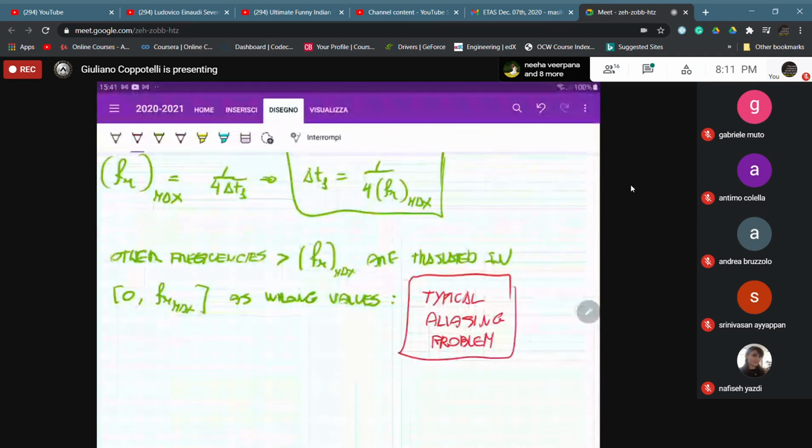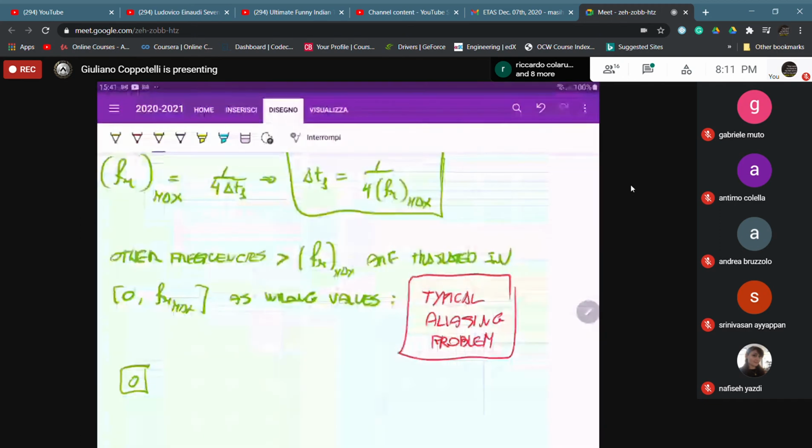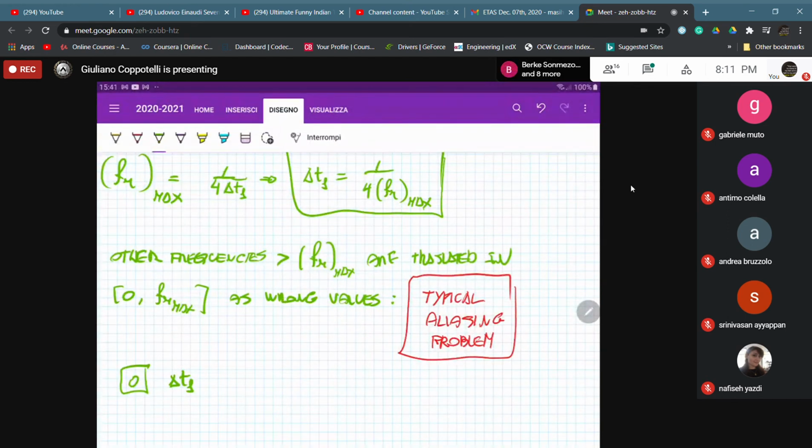Okay, so at the very end, what are the outputs of this analysis? First, delta T1 is chosen from the maximum natural frequency and from the sampling time.